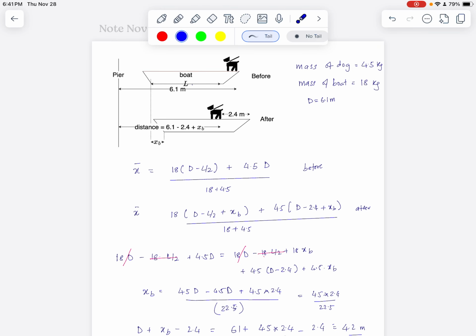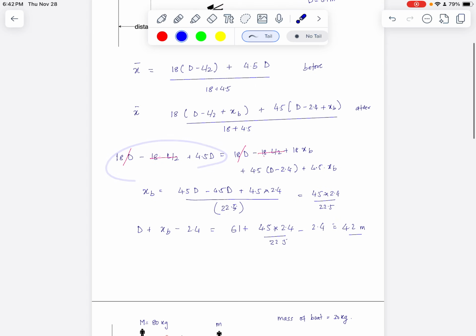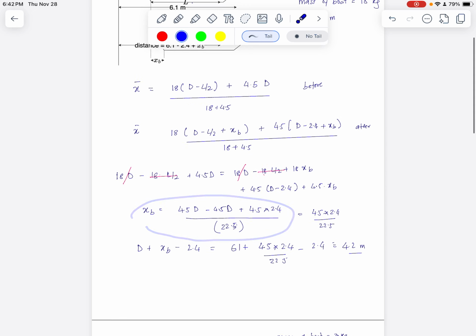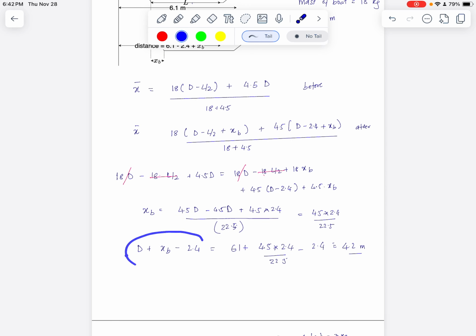So the trick is to understand that the position of the center of mass does not move. We find the position of the center of mass before and afterwards, we equate the two, cancel out the denominators, rearrange the terms, and come up with xb, the distance moved by the boat. So the new distance of the dog equals this quantity, and that's equal to 4.2 meters.